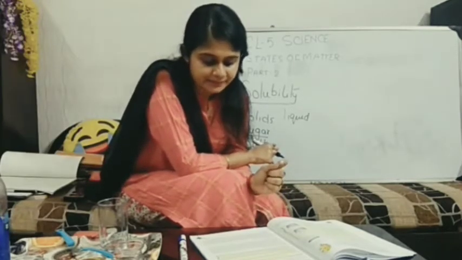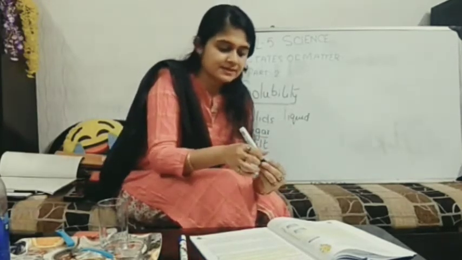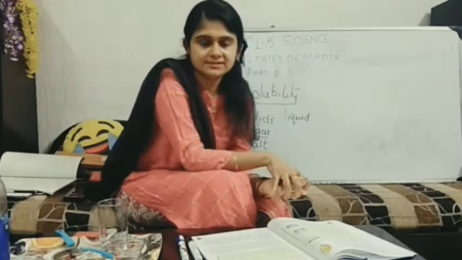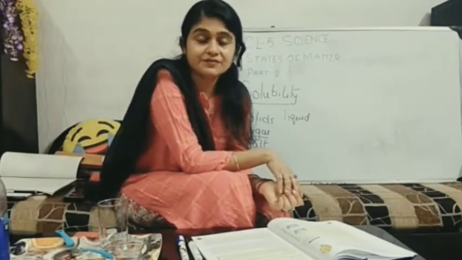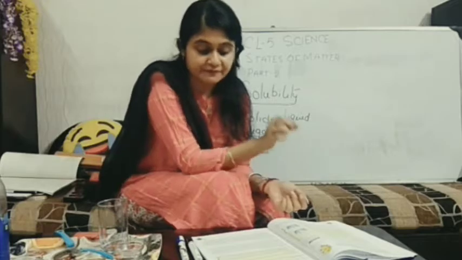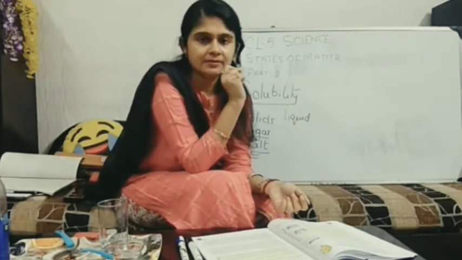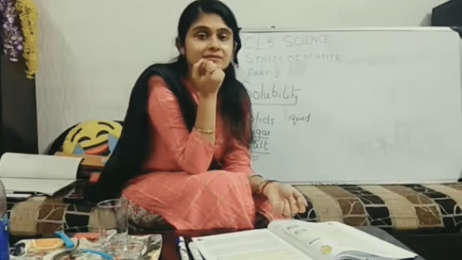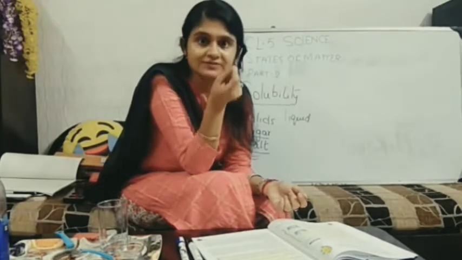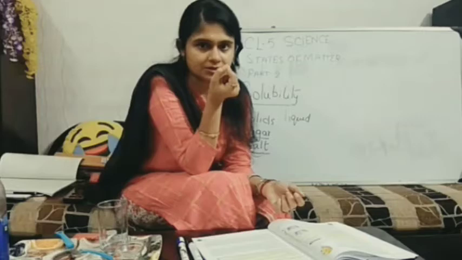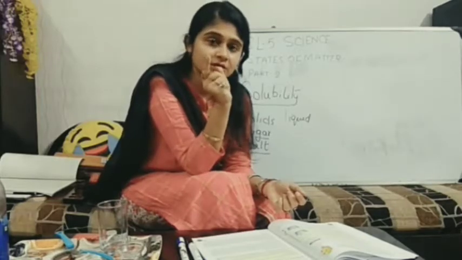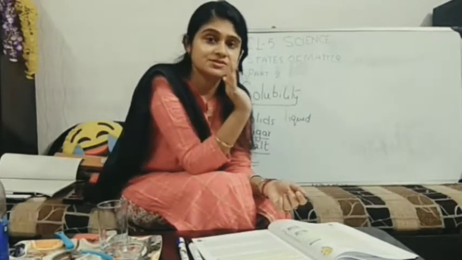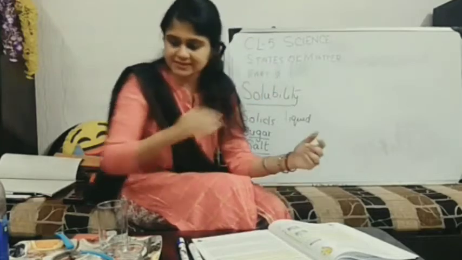Now let's see, if we take the example of juices, milk, or a few drops of ink, these all liquid substances get dissolved easily in water. Okay, so first we will check in water which substances get dissolved, which liquid gets dissolved. Let's see.